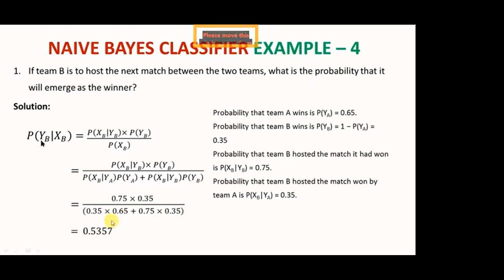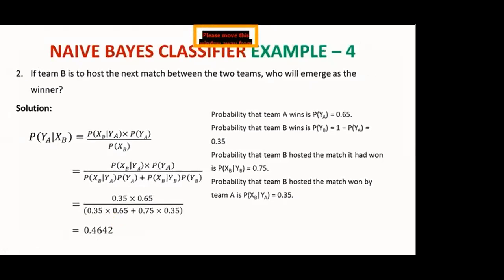The probability of team B winning, given it is hosted in team B ground, is 0.5357. So this is the probability that matches were won by team B when it is hosted in team B ground.